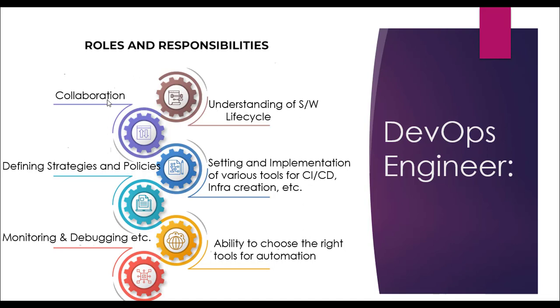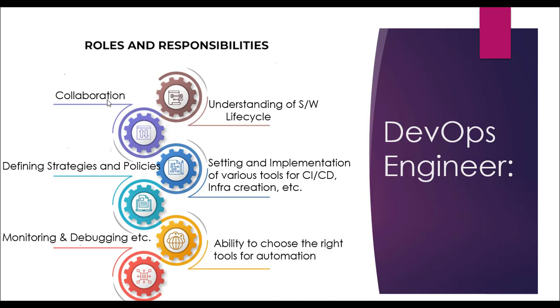Now, the roles and responsibilities which I have defined cover senior DevOps engineer and lead DevOps engineer. Senior and lead DevOps engineers, guys, are basically experienced people. So they will be helping the junior DevOps engineers, doing knowledge sharing, creating white papers, creating documentation and many such additional tasks.